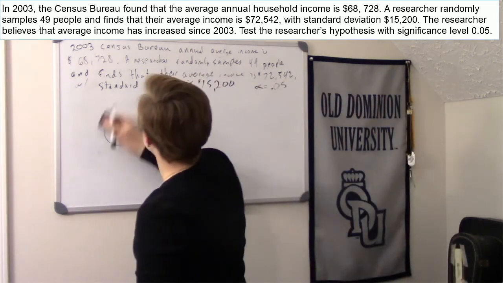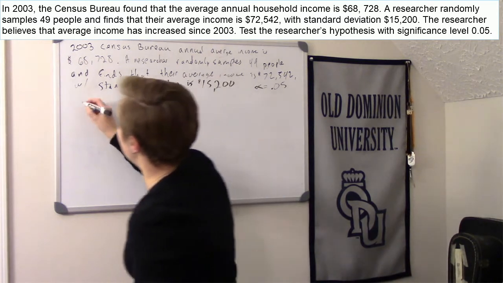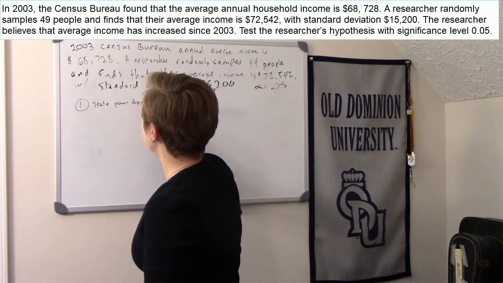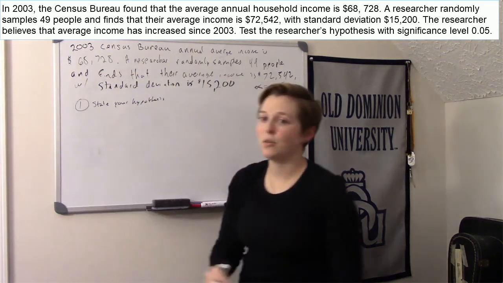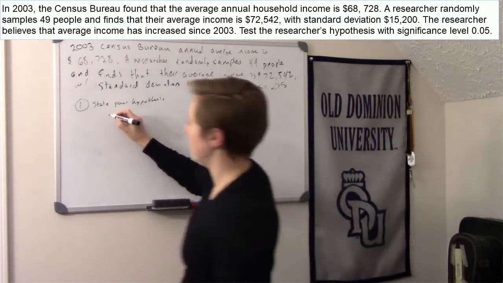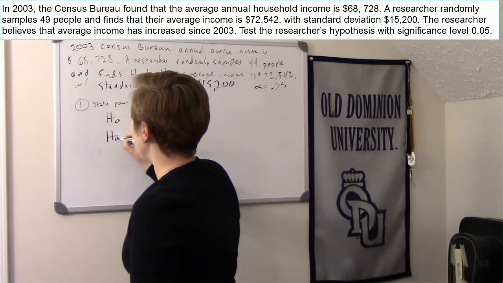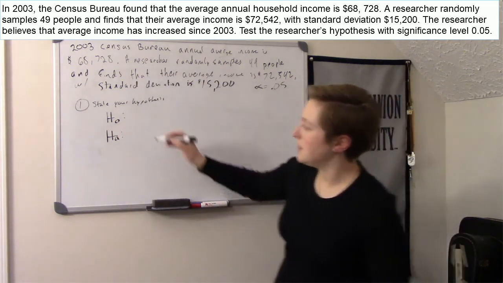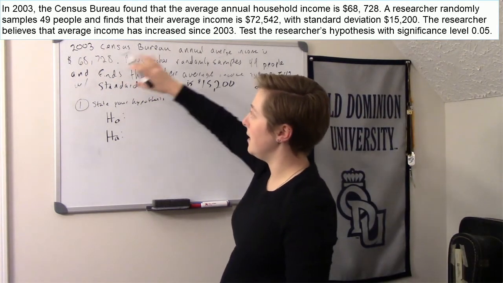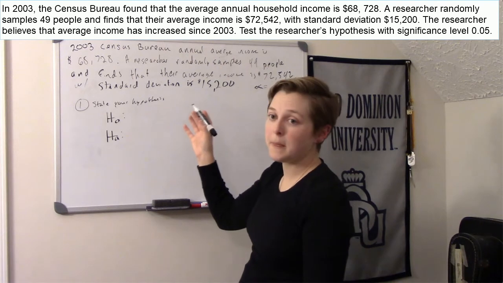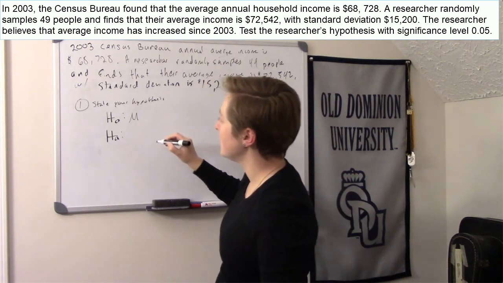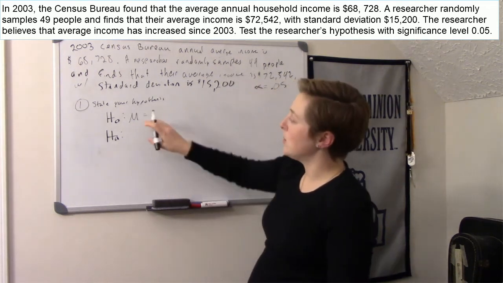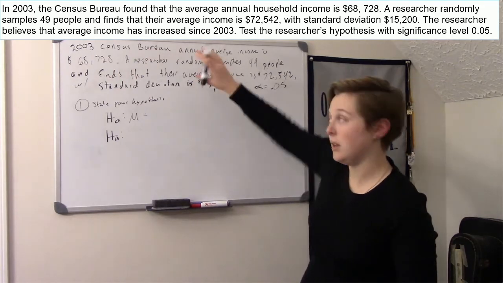So the first step to any hypothesis test, step 1, is to state your hypothesis. In statistics, we have notation, and it's the same notation always. We have H0 and HA. H0 stands for the null hypothesis. The null hypothesis, in a case where you're testing a population mean, is always going to have the equal sign, and it's always going to refer back to whatever the population mean was in your example.